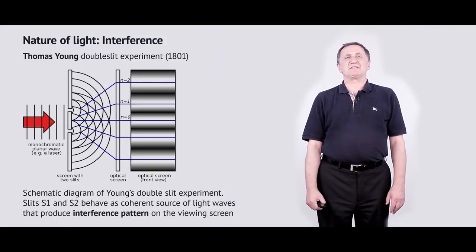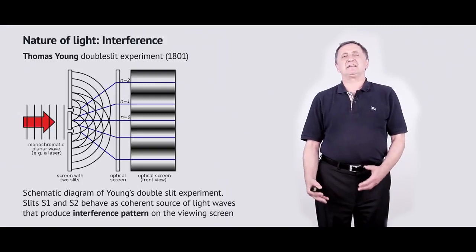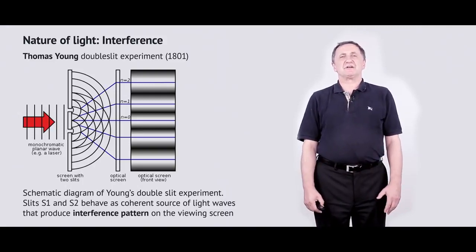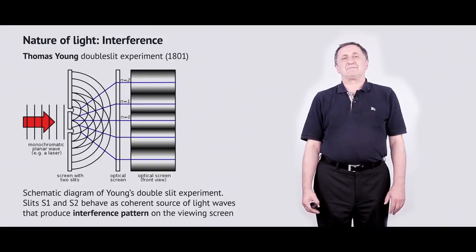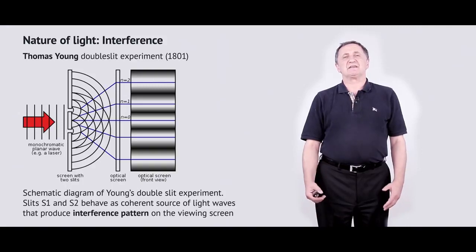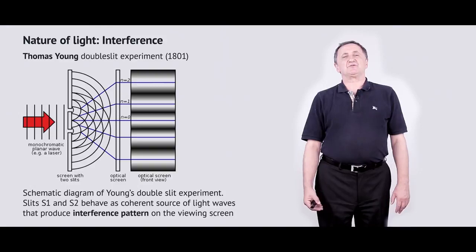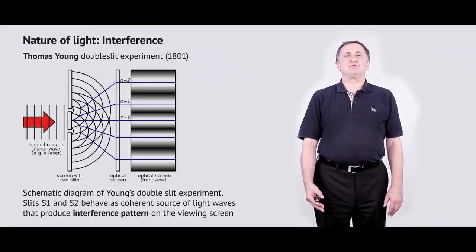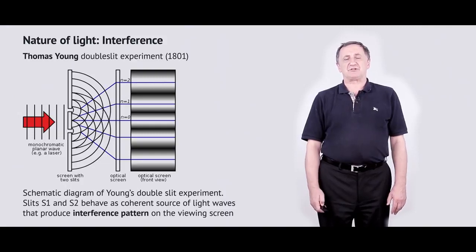Namely, you will see a sequence of extremely light and extremely dark regions. This interference phenomenon can be mathematically treated, and you can find, for example, the distance between the two slits S1 and S2 based on the analysis of the interference picture.